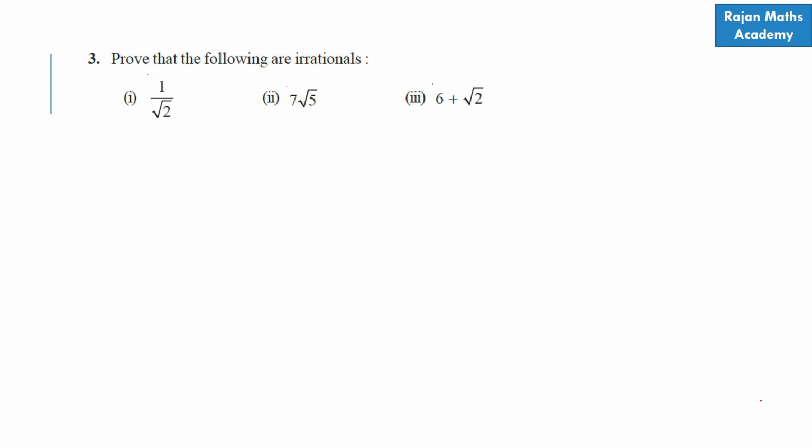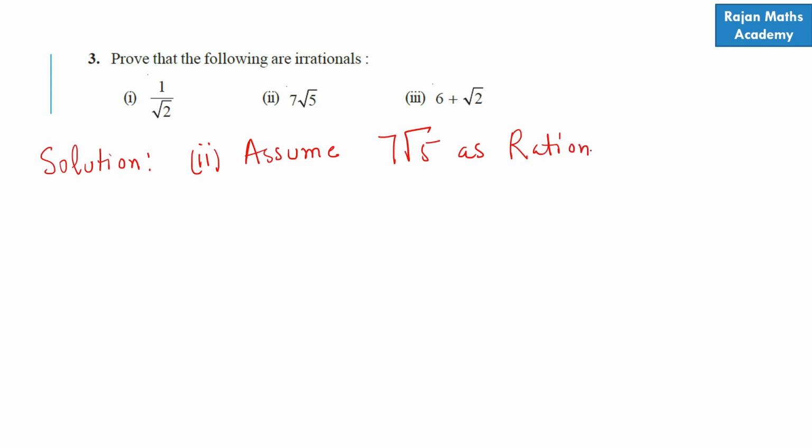Part 2, solution. Assume 7 root 5 as a rational number. So we can express 7 root 5 as a by b, where a and b are co-prime.